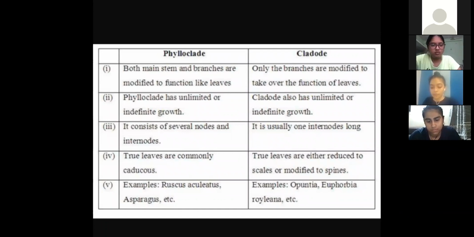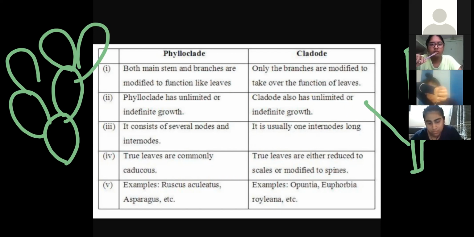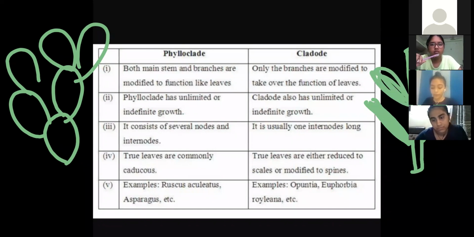In phyloclade, remember, in that Opuntia we have seen that each and every part of the stem becomes greenish in color and performs photosynthesis. But in case of the asparagus plant, Shatavari, the main stem remains as it is, but its branches become greenish in color and perform photosynthesis.